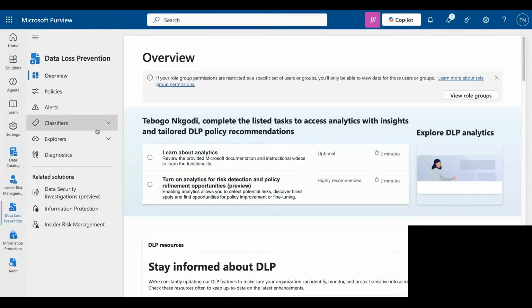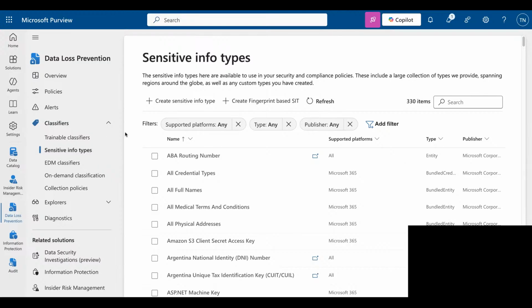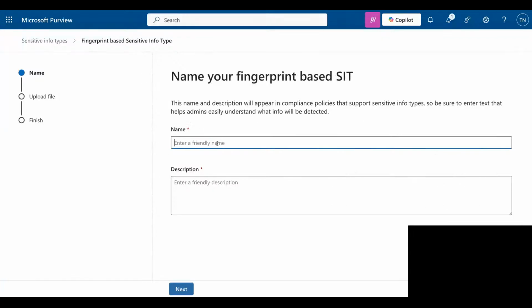The data loss prevention classifiers sensitive information type, create fingerprint-based SIT. This is the one. So remember, I gave you an example that let's say I work in HR and I want the HR system to be able to detect all the CVs that are being sent or all the CVs that are being processed in the company.